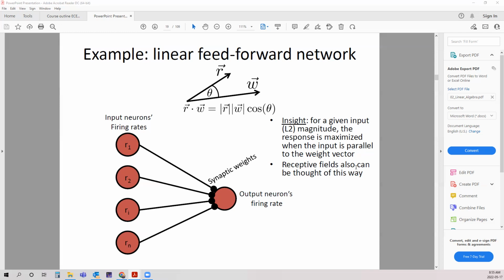Receptive fields also can be thought of this way. So if they are parallel, then we will consider the times of weight, and then we will maximize it. If you ask me how, if R and W are parallel.